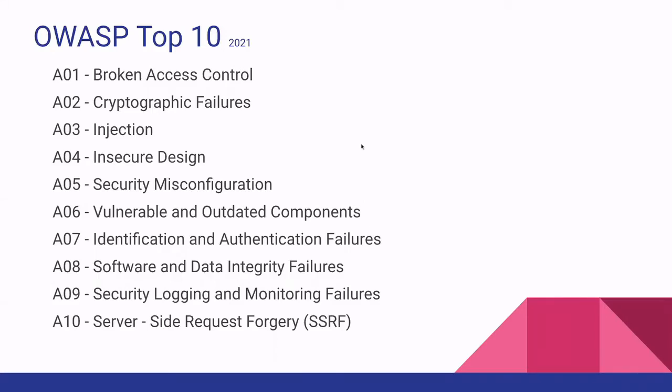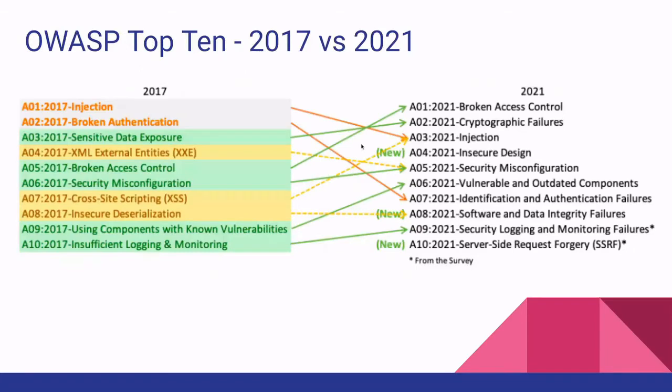We'll go through this one by one, and if time permits, I'll take a few examples to explain in detail. But before we start, we'll look at what was before 2021.